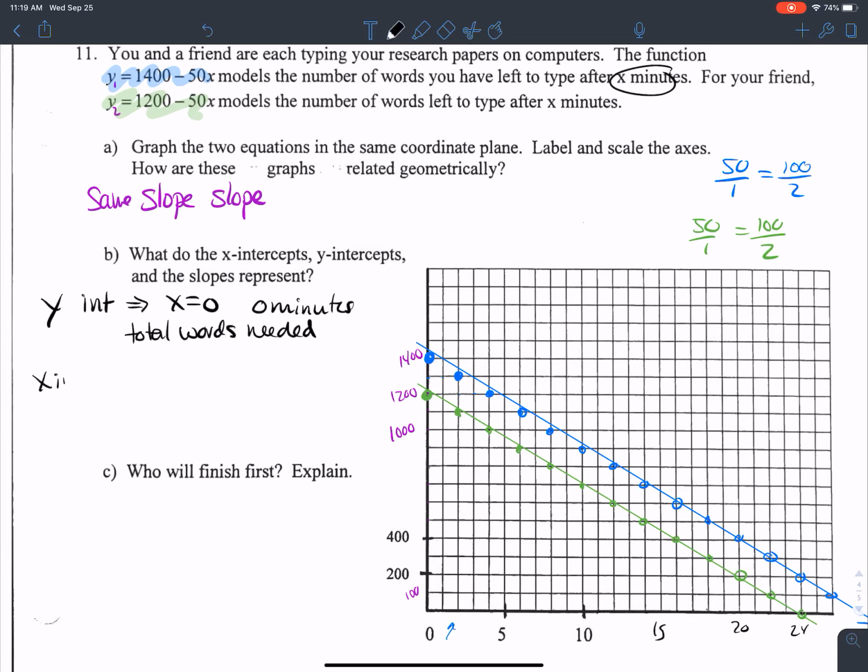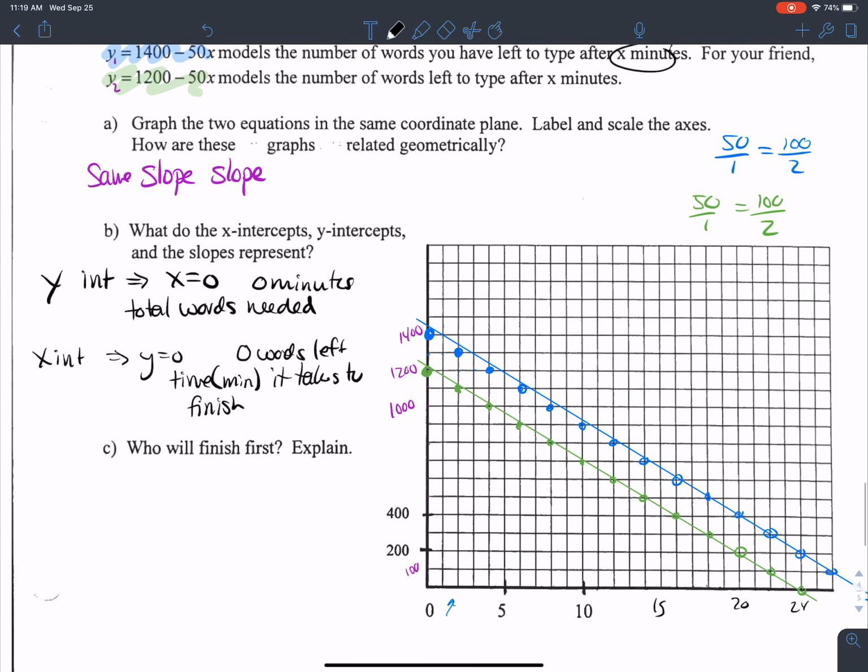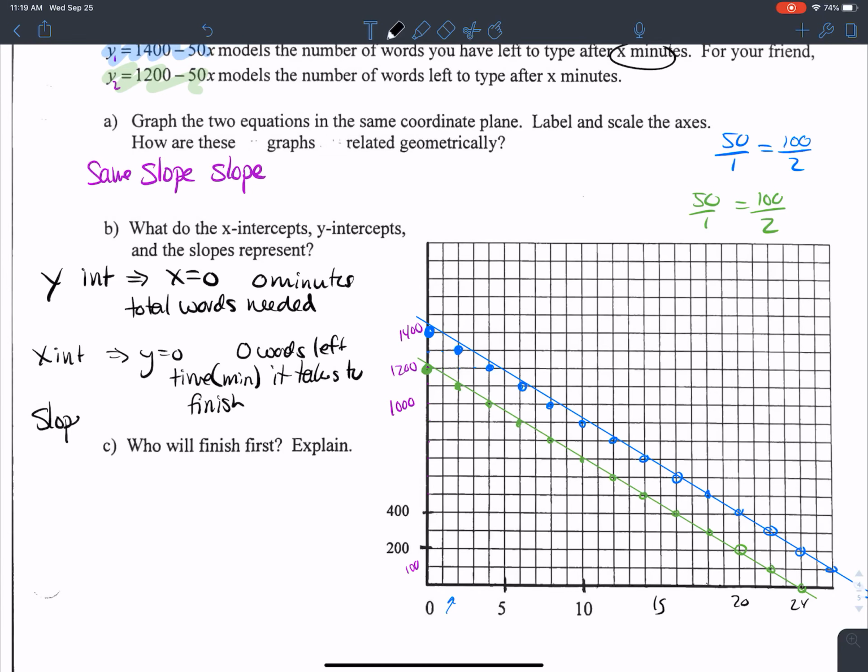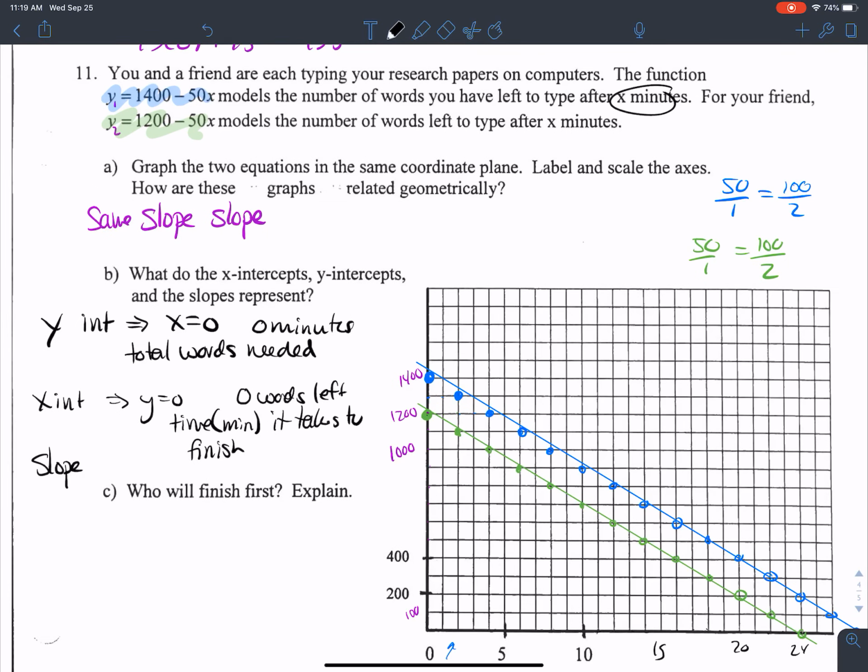So for our x-intercept, that means y is equal to 0, and y is the words left. So that means 0 words left. So this would represent the time in minutes it takes to finish. And then the slope, well, again, we can think about what we're measuring.